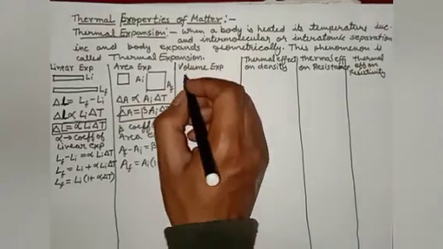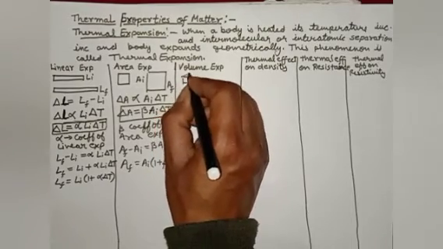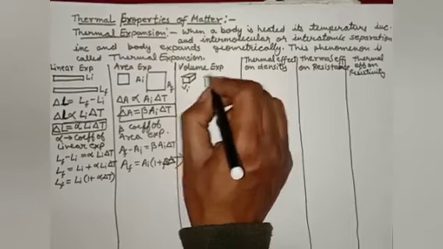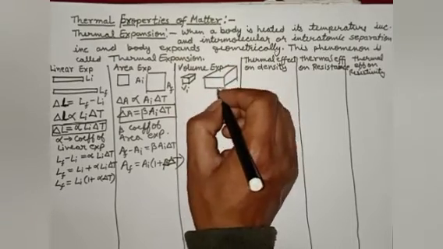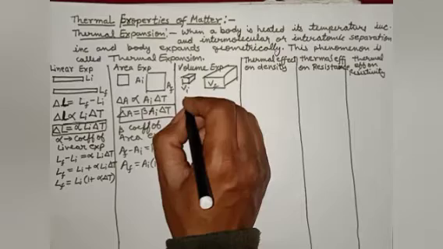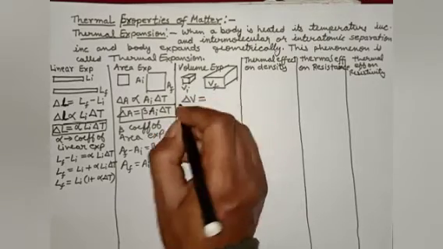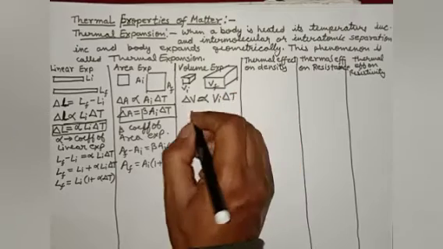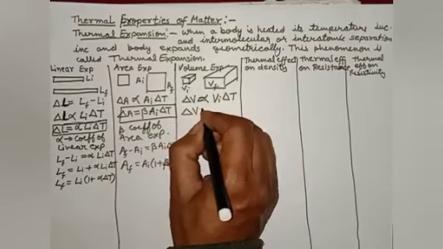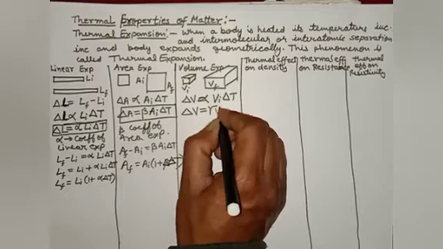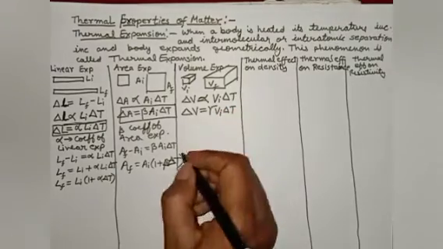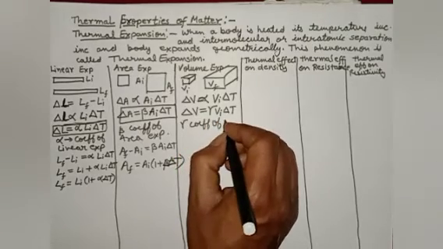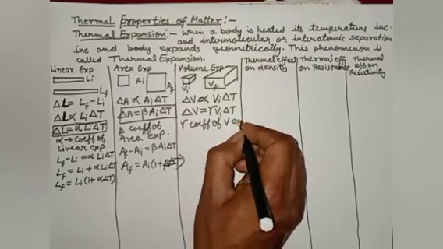Next, volume expansion. Let us suppose earlier it was this much, Vi, and now after expansion it is this much, Vf. So delta V is proportional to Vi delta T, and then delta V is equal to gamma Vi delta T, and here gamma is the coefficient of volume expansion.